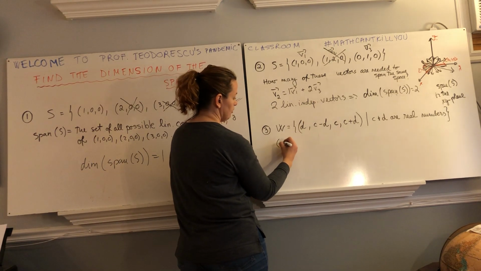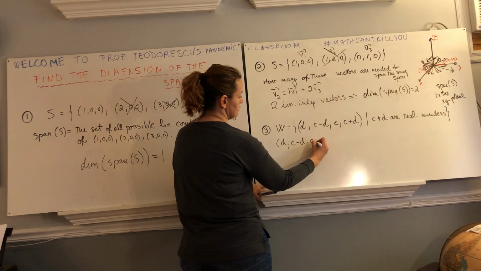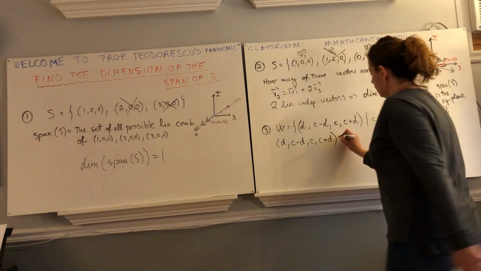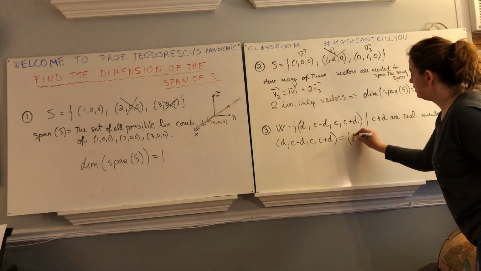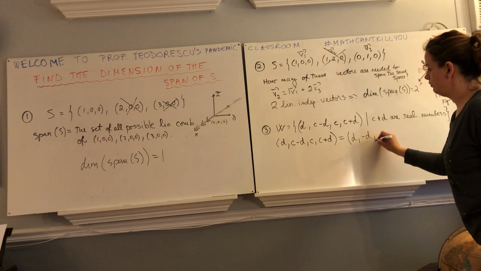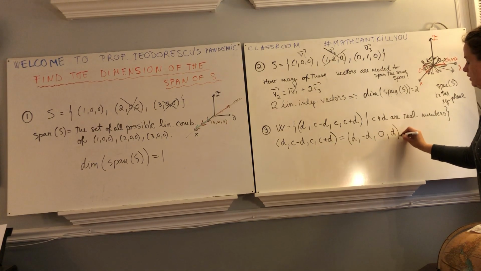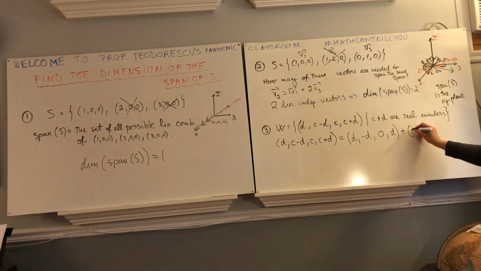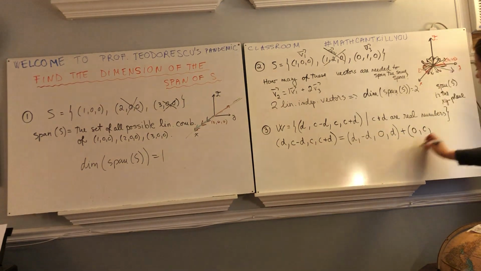So here's what I'm going to do. I'm going to split this up into D's and C's. I'm going to take that one vector and split it up into everything that has D's in it. So that's D, negative D, 0 because there's no D here, and positive D, plus there's no C's here, so that's 0, C, C, and a C for this.